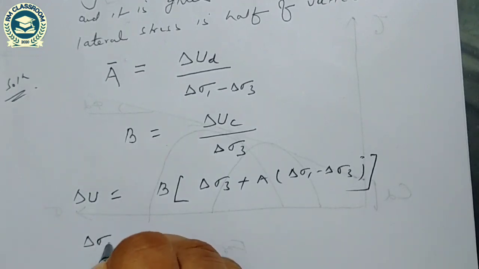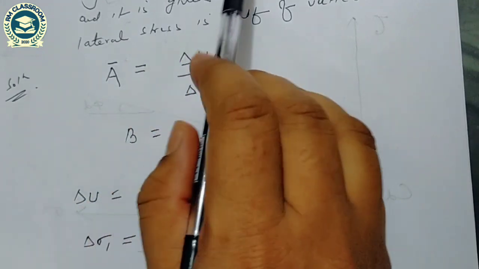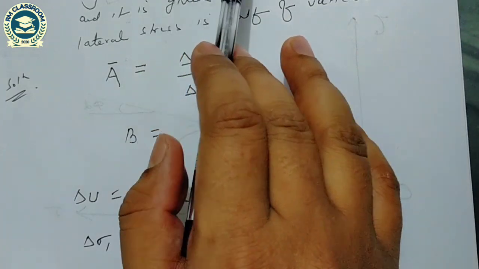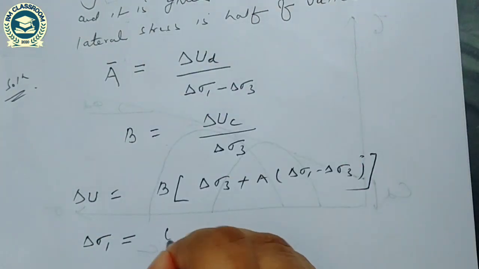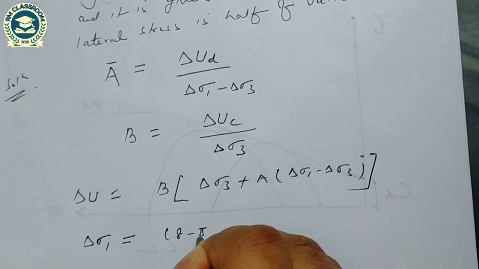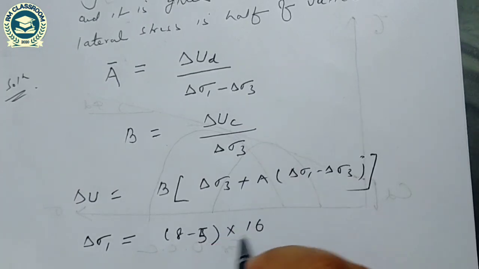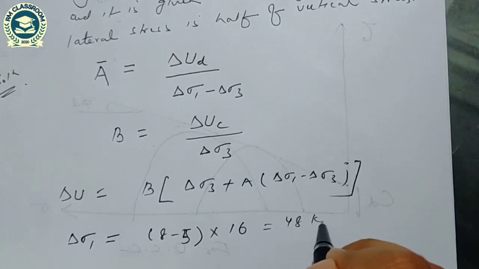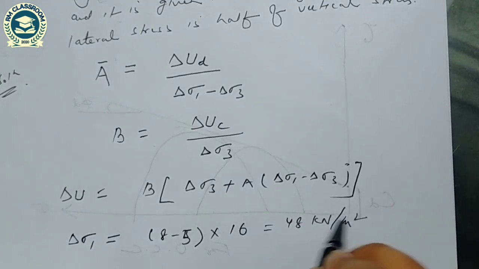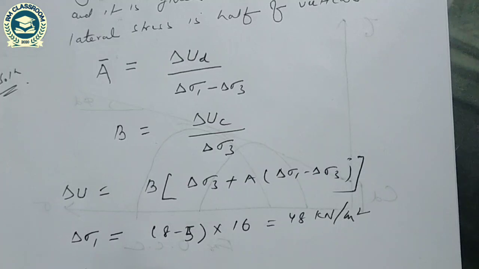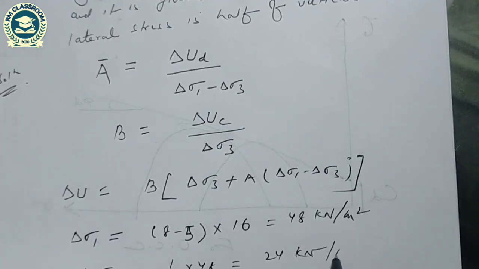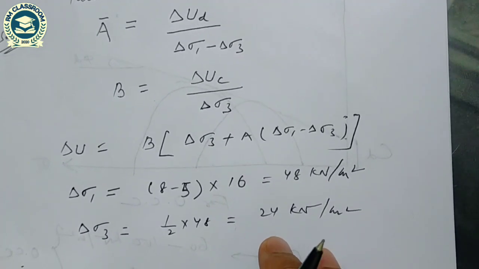and delta sigma 1 can be written as embankment height is changing from 5 to 8 meter, so it is 8 minus 5 into 16, the bulk unit weight, so it is 48 kilonewton per meter square. And in the question it is given the lateral stress is equal to half the vertical stress, so 1 by 2 into 48, so it is 24 kilonewton per meter square.